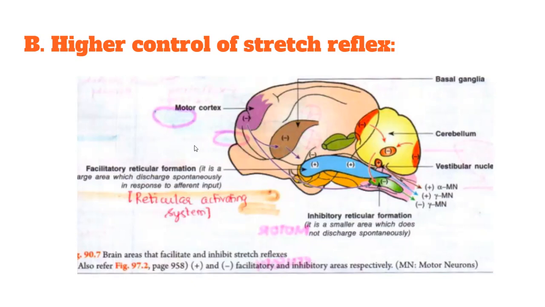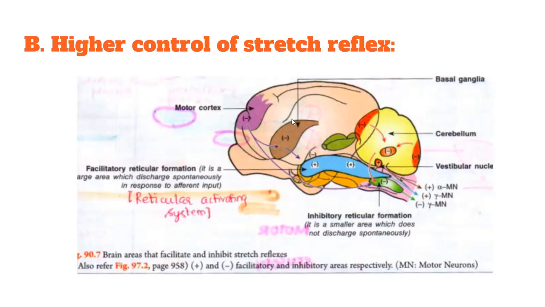For example, you have your motor cortex, we have basal ganglia, we have cerebellum, other centers which influence the gamma efferent discharge. The motor cortex and cerebellum both act, they reduce the gamma discharge. How do they reduce the gamma efferent discharge? By activating the inhibitory reticular formation, hence reducing the gamma efferent discharge.